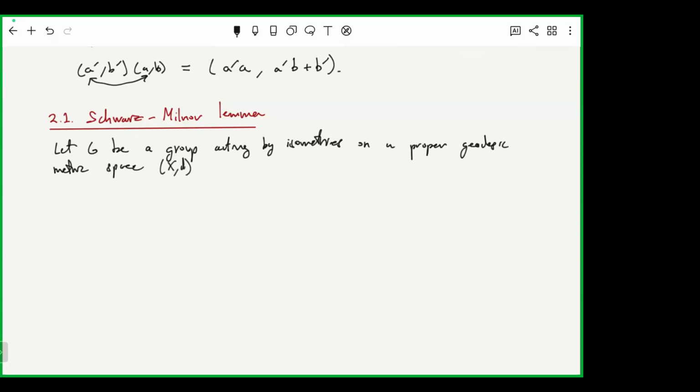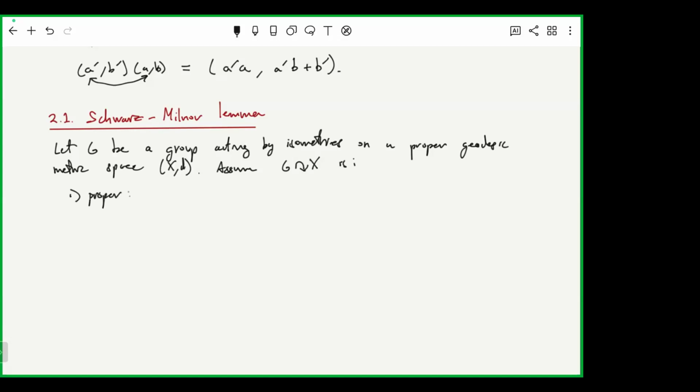And we will assume something about this action. Assume that the action of G on X is proper.